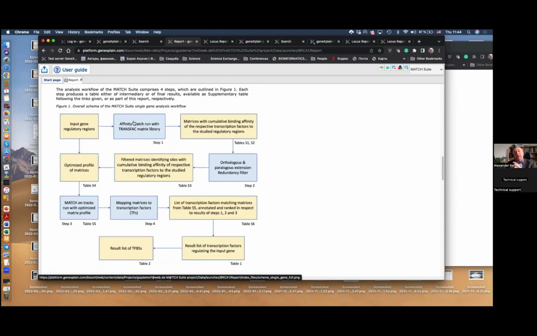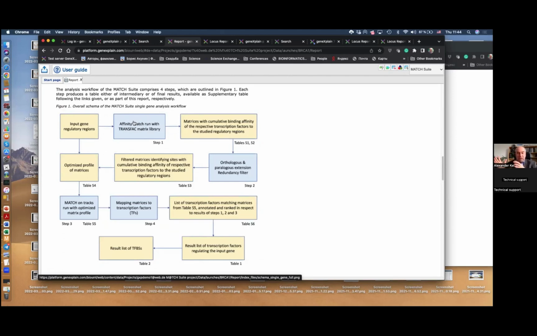The important point is that we started from more than 5,000 position weight matrices and ended up with only 5 motifs, which the algorithm found the most important for that region.